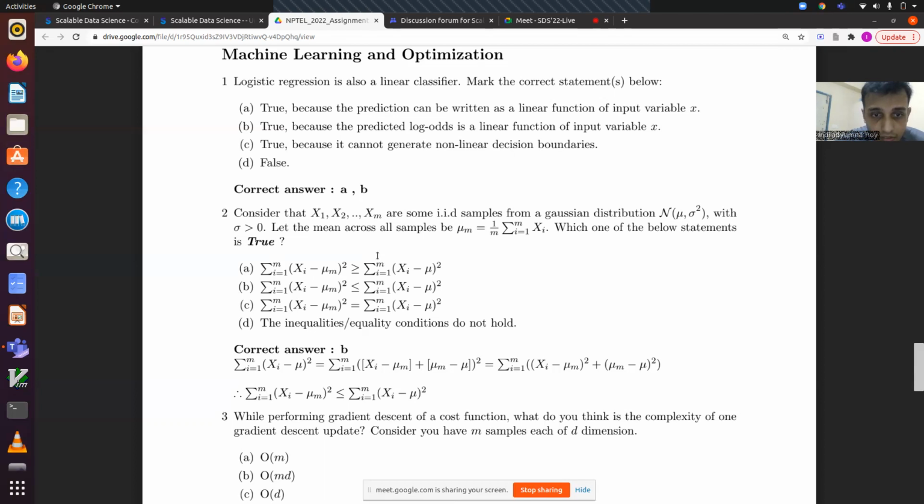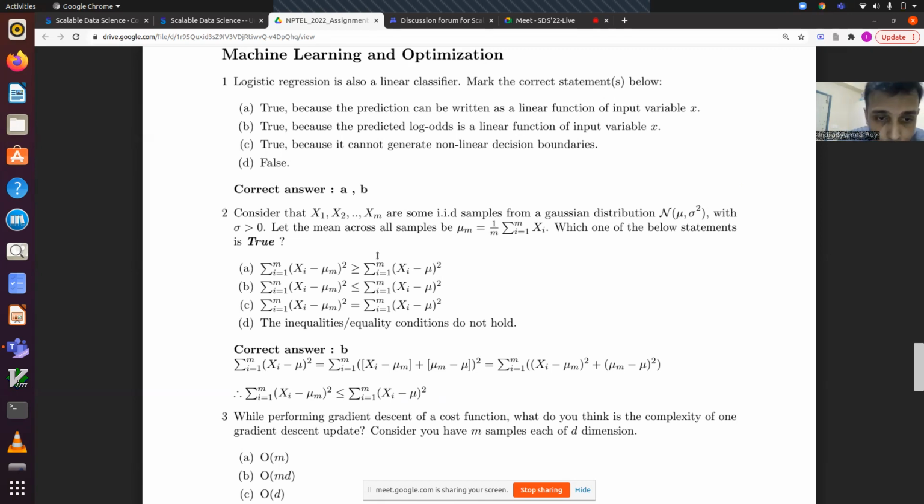It's clear. Therefore, we want summation of xi minus mu m whole square less than or equal to xi minus mu whole square. So basically mu m minus mu, so what do you have?